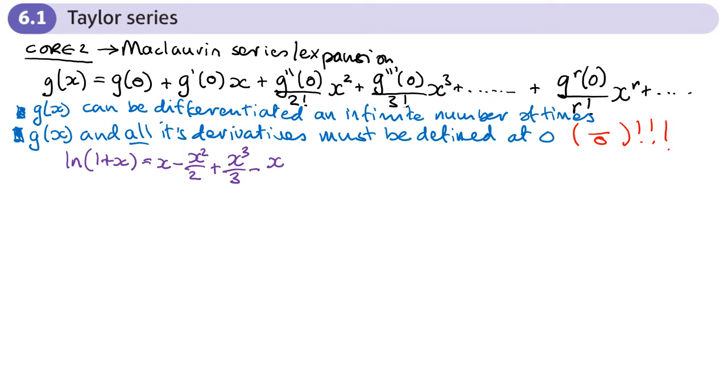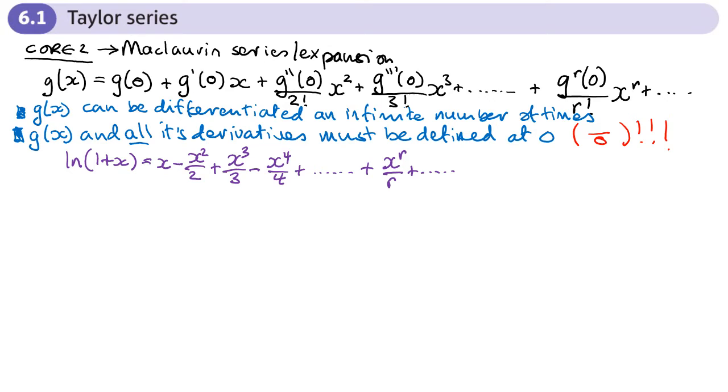Then it'll be minus x to the power 4 over 4, and so on, plus dot dot dot. So we can see that this is going to go to x to the r over r, and so on.